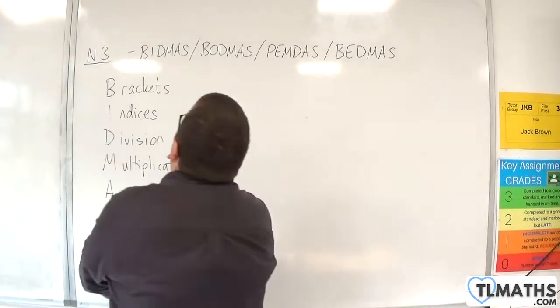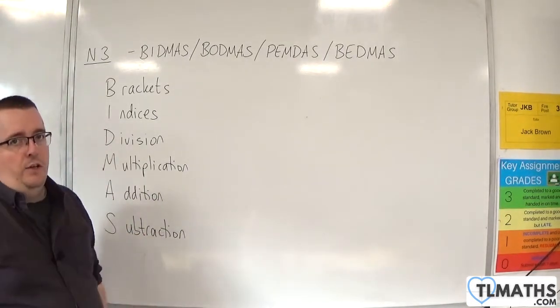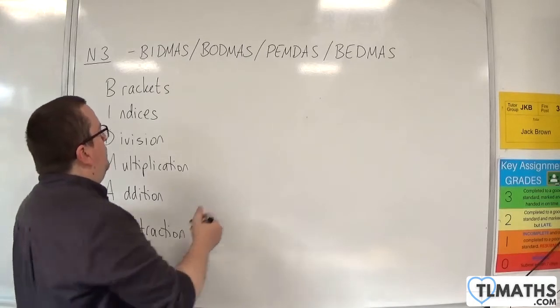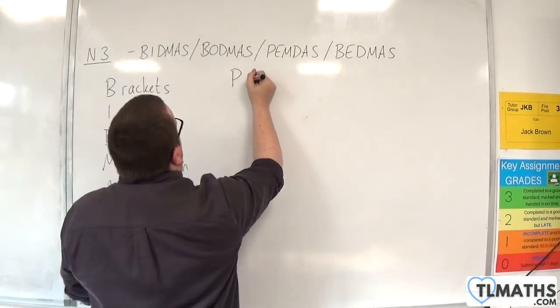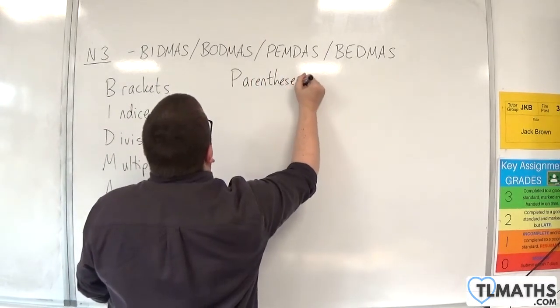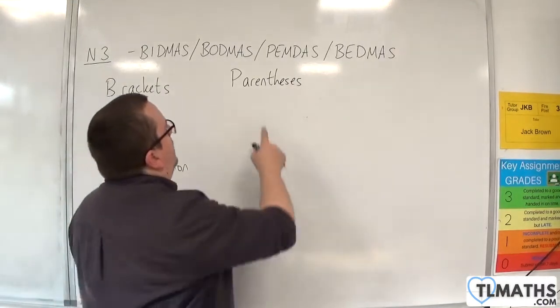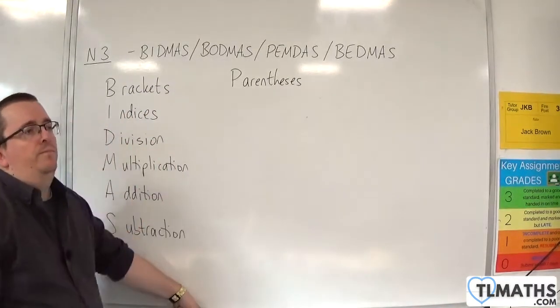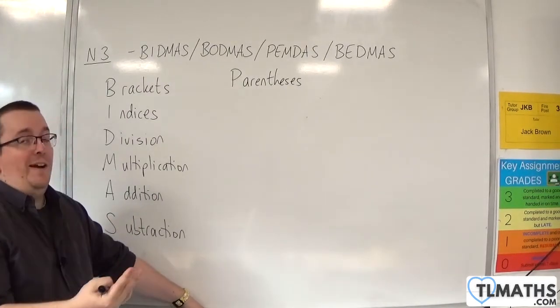PEMDAS is, you know, if you're from the UK, it's unlikely that you've heard that one before. P stands for parentheses. Okay? So parentheses, from our point of view, is a posh way of saying brackets.